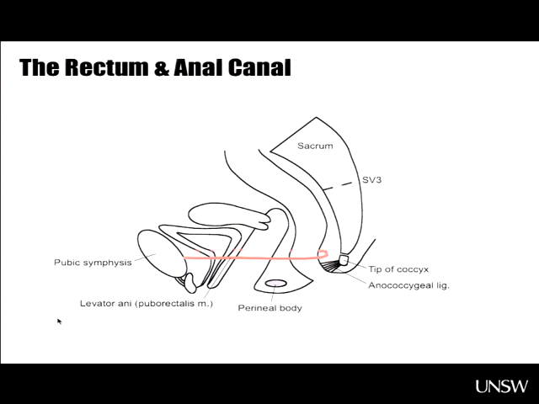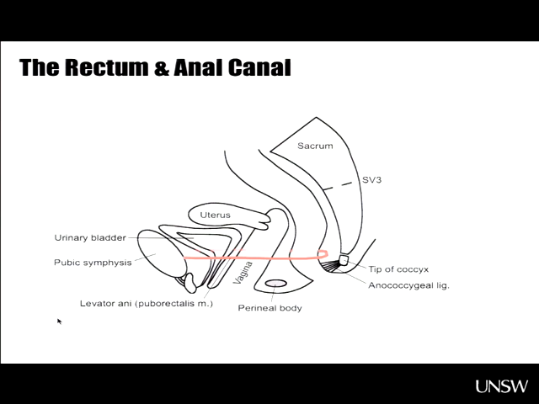It's part of levator ani, by the way, which I think some of you have met already, but maybe not all of you. But it's a muscle that loops around the anorectal junction and it pulls the anorectal junction forward. One of its functions is to impede the movement of feces down through the anorectal canal. So it's one of those things that stops you passing a motion when it's not appropriate to do so. So that's the puborectalis muscle.